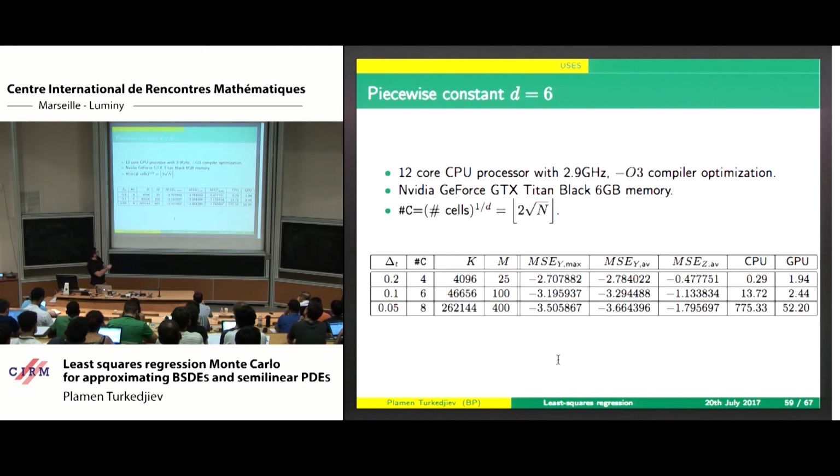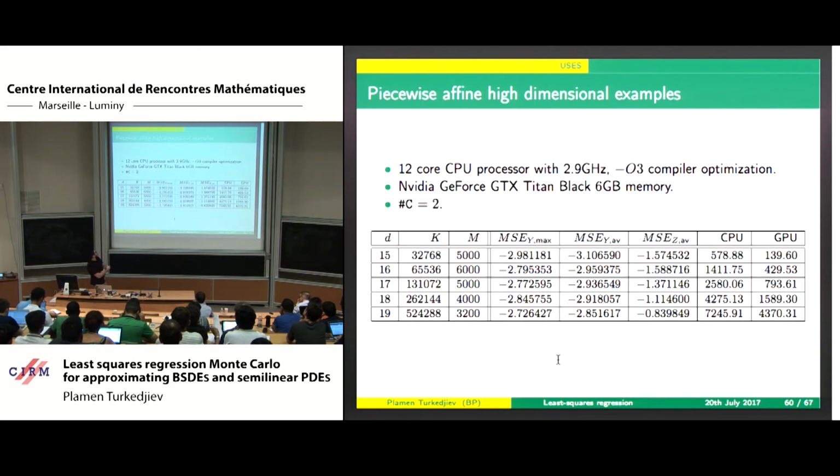We only needed 6 gigabytes. Here we showed some results in dimension 6 already, where the basis was simply piecewise constant. We found the GPU performed very well on this because piecewise constant bases are extremely easy to solve with very elementary operations.